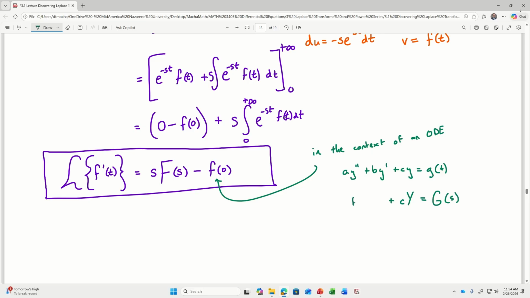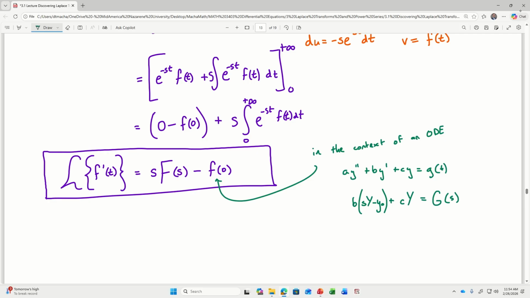And then we'll have b stick around because Laplace transforms have that homogeneity property. And then instead of y prime, we can put in s times Y minus the initial value y of 0.